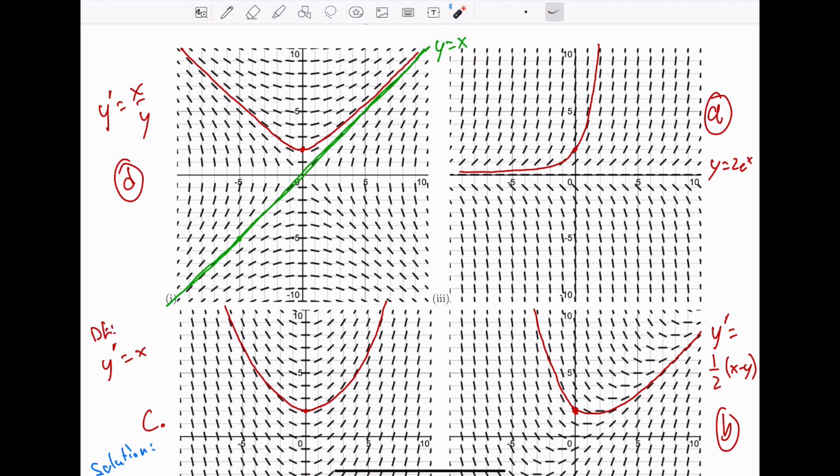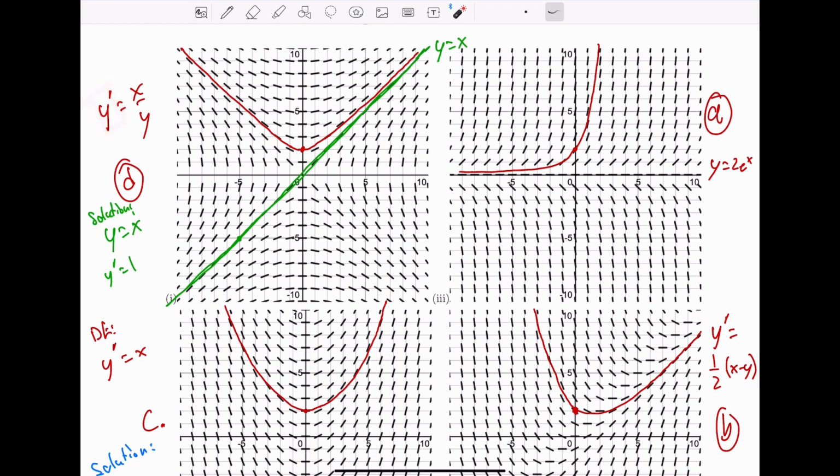Let's actually work through the steps to verify that that's true. If y equals x, this is what we're seeing as a solution. That's not the general solution, it's just a specific particular solution. But let's verify that this actually does work as a solution to the differential equation. So if y equals x, then y prime equals 1. And I'd like to look at both sides now of the differential equation.